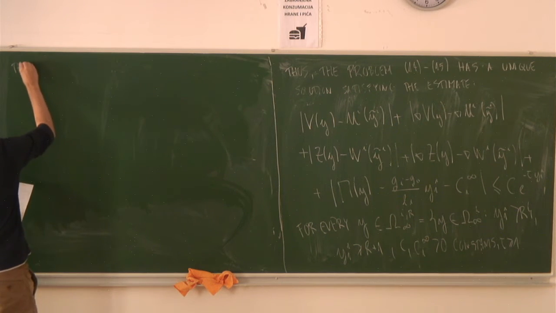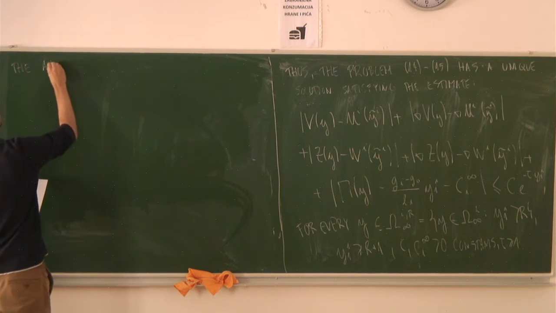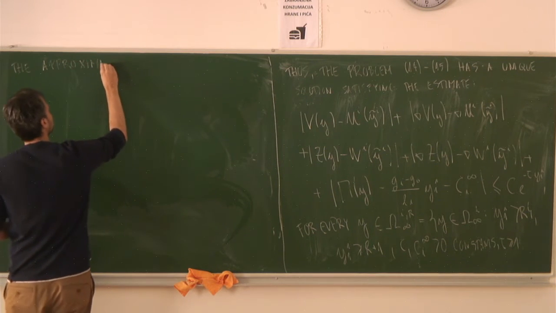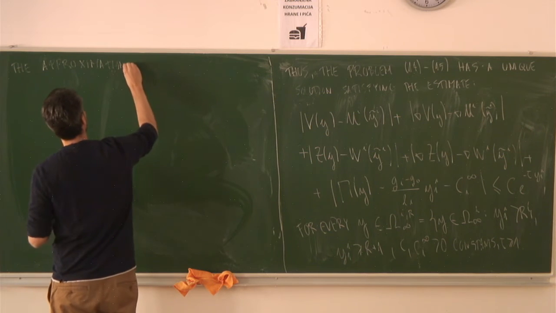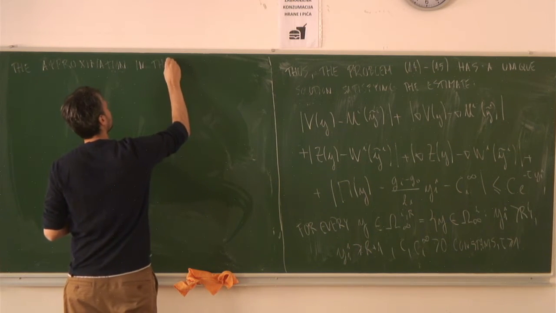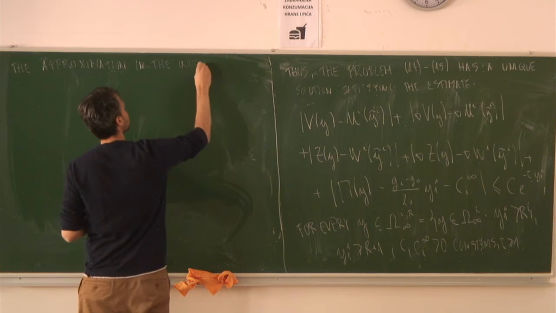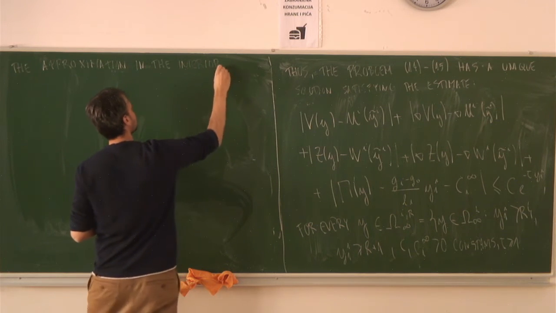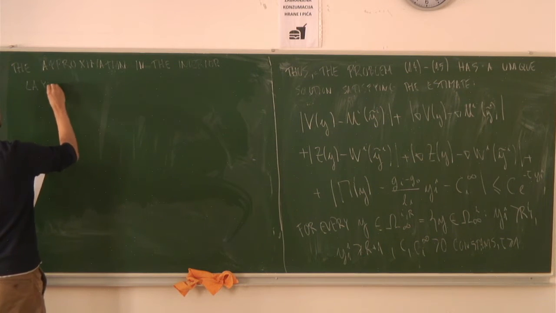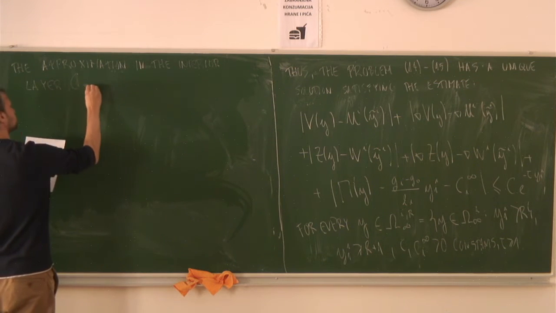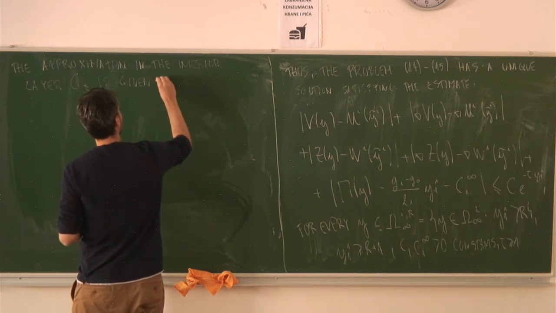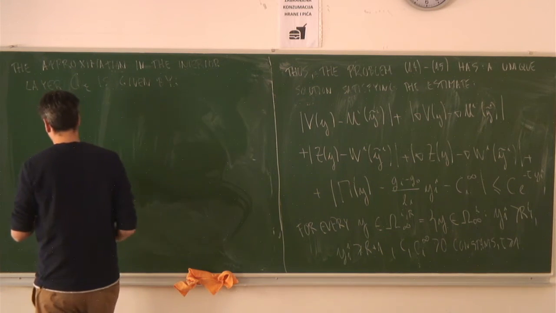So the approximation in the interior layer G epsilon is given by the following.